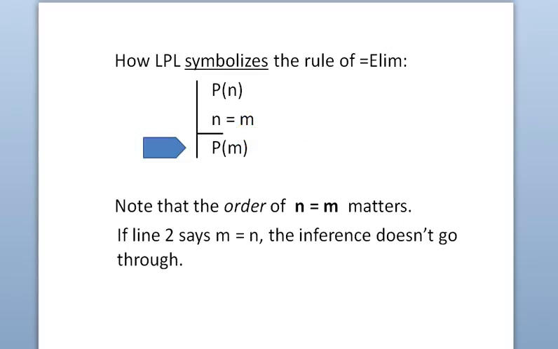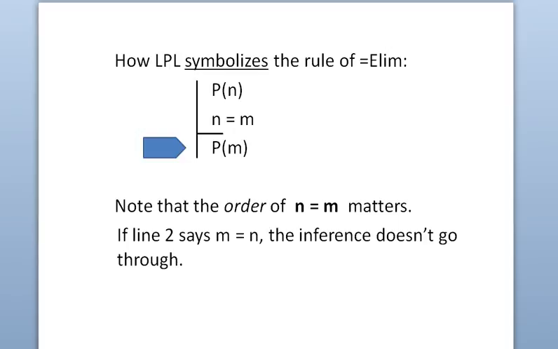The little blue symbol, similar to what they show in the textbook, means we have the right to state this new formula based on the first two formulas using this rule. So if you have Pn, and then you've got n equals m, this rule of identity elimination authorizes you, or licenses you, to then state Pm.